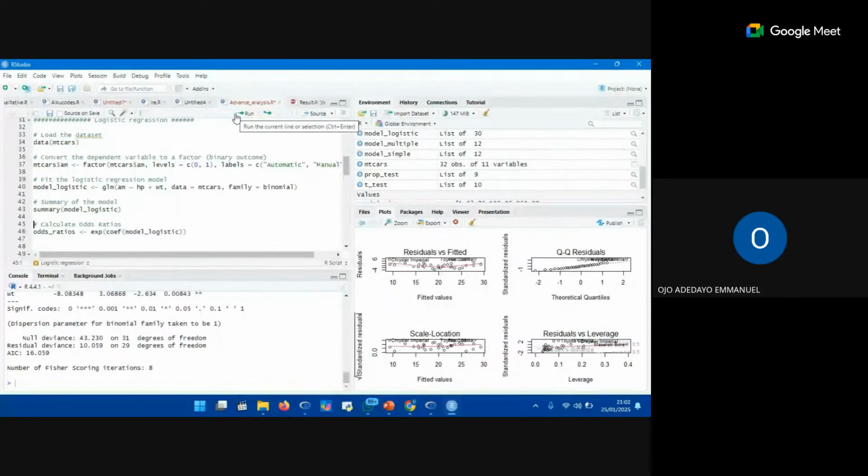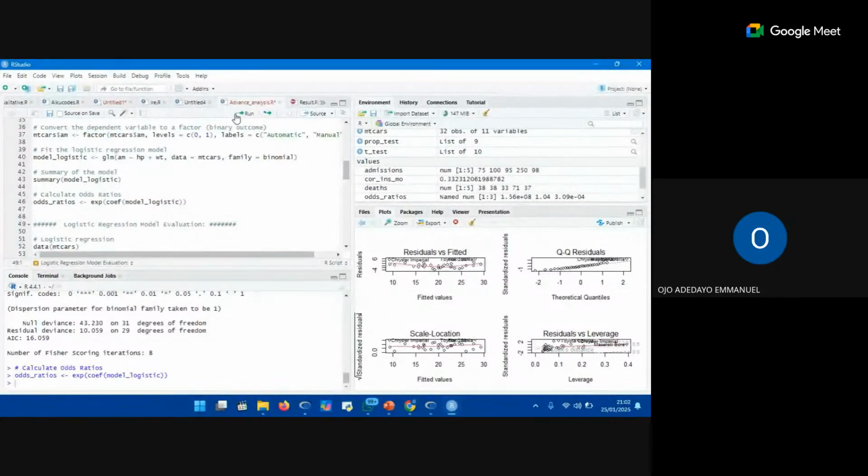So let me check the odd ratio. Where's the odd ratio here? Okay, yes, the value is here. For the first one, our odd ratio is 1.56 times 10 raised to the power of 8. That is the first odd ratio.